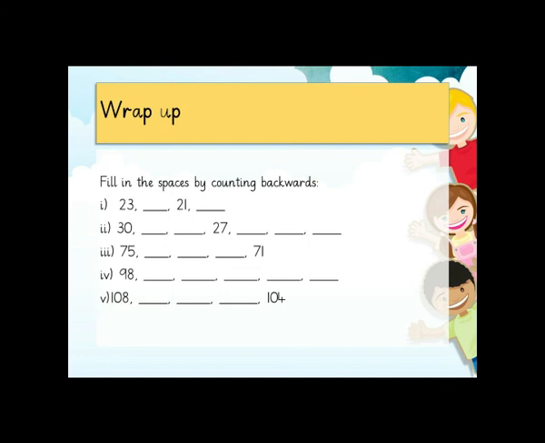Coming to the third part, this starts with 75, and after 75 it comes, remember it counting backwards, 74, then 73, then comes 72, and it ends at 71. In part 4 it starts with 98, and then comes 97, and then 96, 95, 94, and then 93.